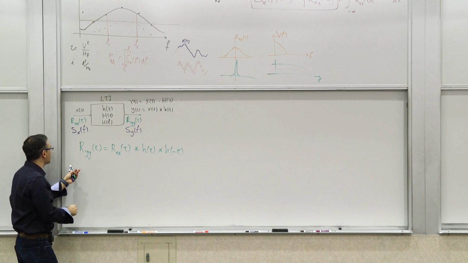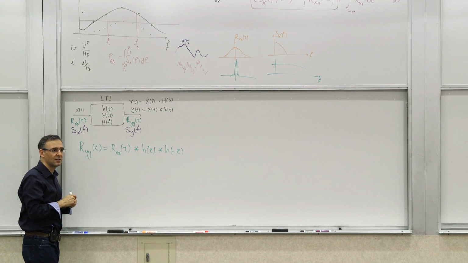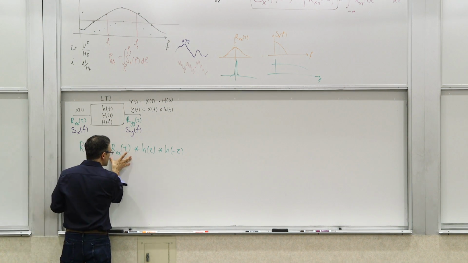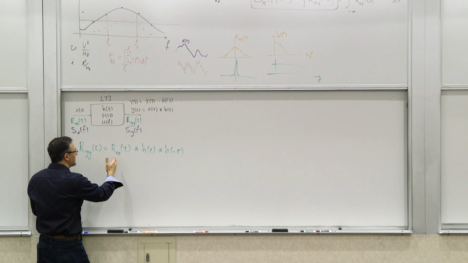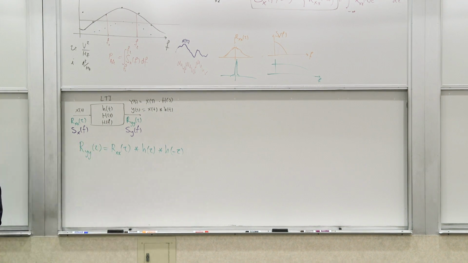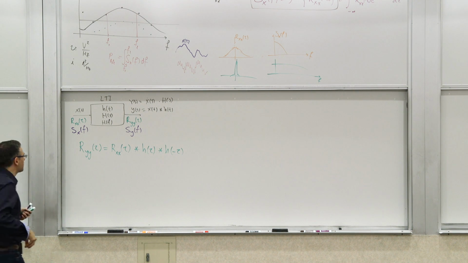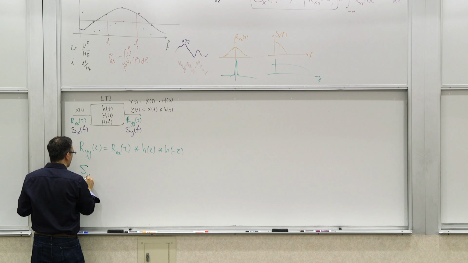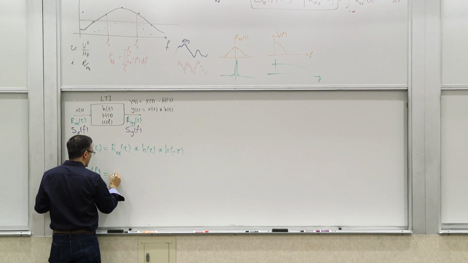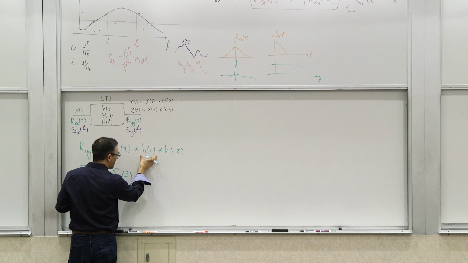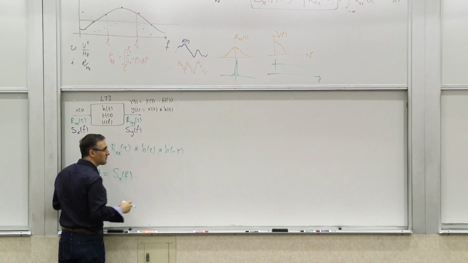Well, we know the power spectral density is the Fourier transform of this thing. So if I take a Fourier transform of this side and of this side, I should get the answer. What is the Fourier transform of two things convolved? It's their product. So Sy of f is Sx of f, then the Fourier transform of this thing times the Fourier transform of this thing.